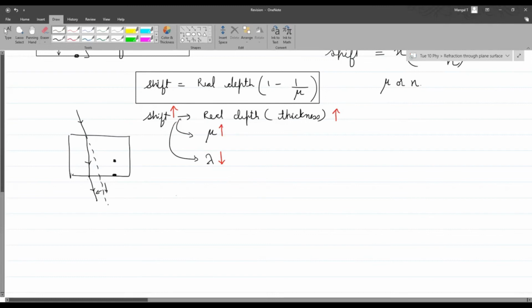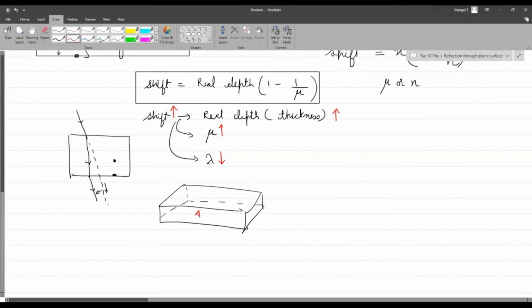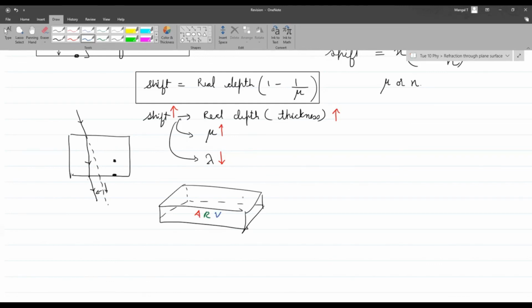Therefore, if you have a block of glass, and below the glass you have a printed paper with some letters written on it, say something is written in red, something in green, and something in blue, then the one written in blue or violet appears a little higher compared to the one which is red.